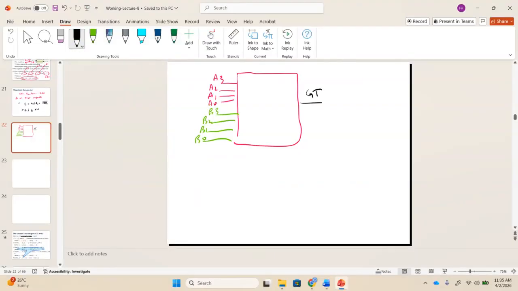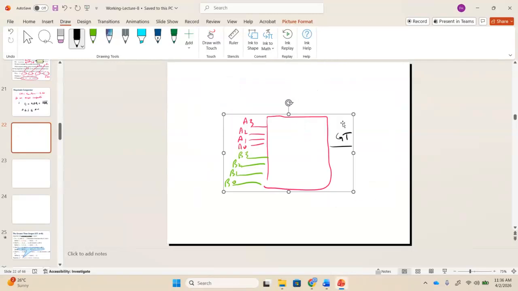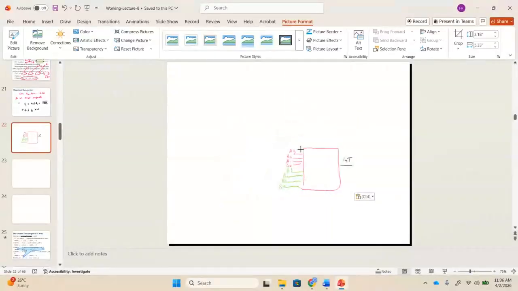How can we design the gate level implementation of this? Can you tell me how can we do that? Anyone may help. If anyone answers correctly, they get one bonus mark.